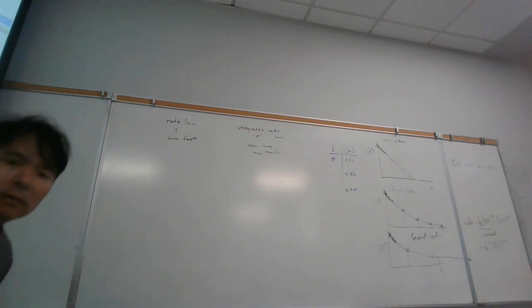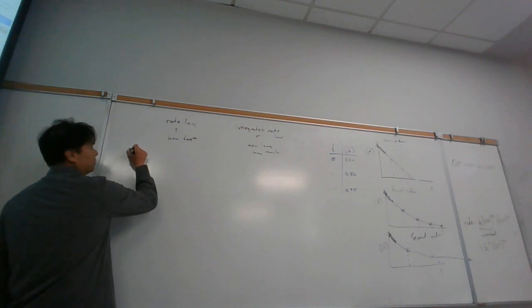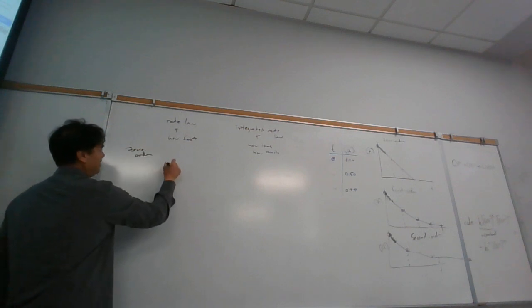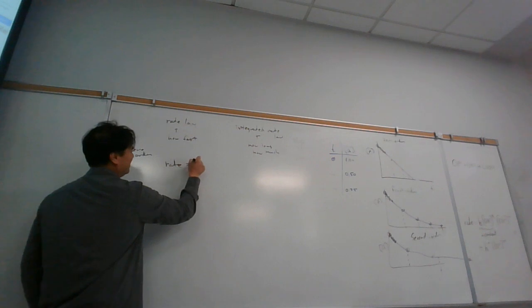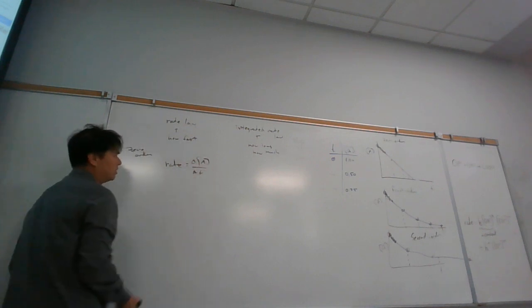And so what we do here, for zero order, the rate law is the rate is equal to delta concentration over delta t, the slope.